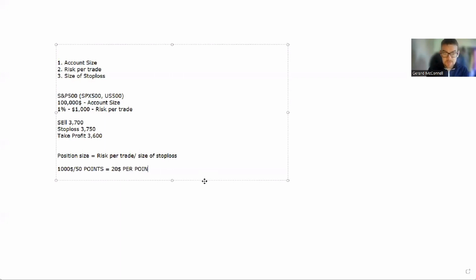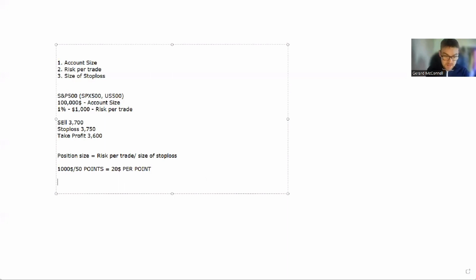Now, in terms of knowing the lot size, if you go into the details screen on your application, whether it's on the desktop or the mobile software you are using, you can very easily determine what the lot size is. I'm just going to pull it up here on my mobile device. Bear with me one second. On the US500 details screen, we can see that the contract size is 1.